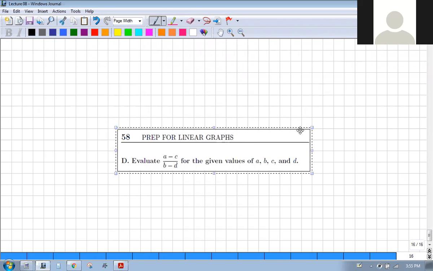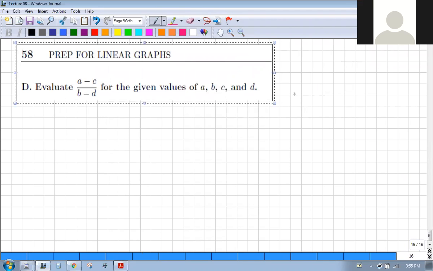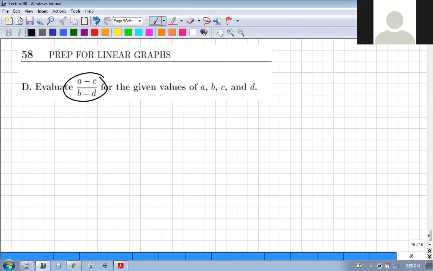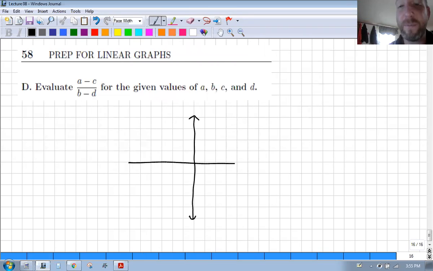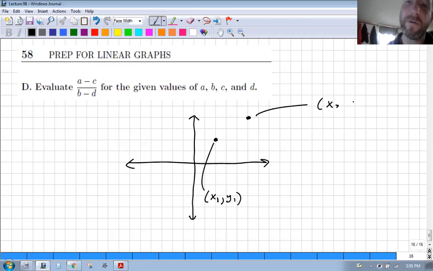So they're going to give us a bunch of numbers. They're going to give us an A, B, C, and D, and they want us to figure this out. The reason why we're going to do these is because it's for finding the slope. If you have 2 points, you can find the slope. Let's say here's a point and here's a point. Let's call that point X1, Y1. Let's call this point here X2, Y2.